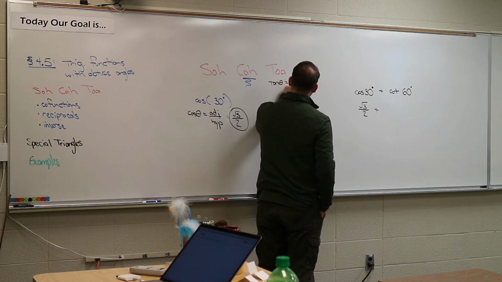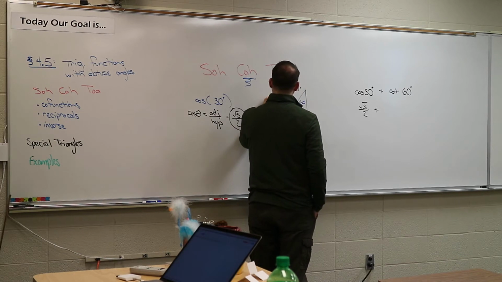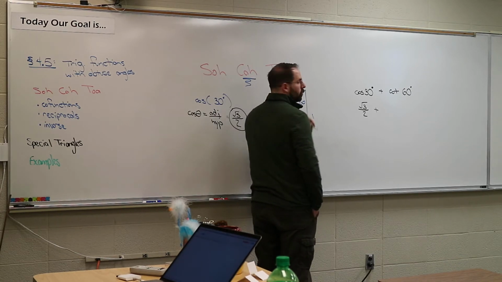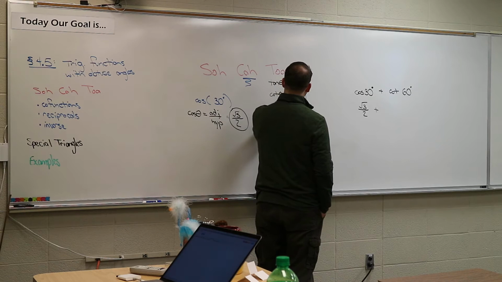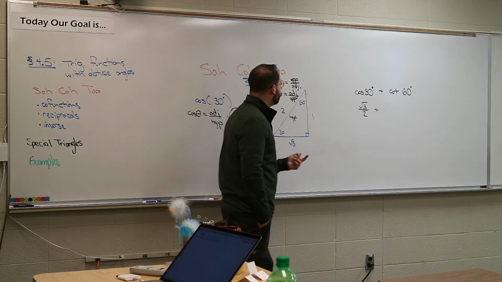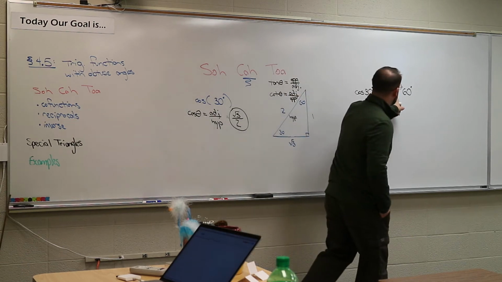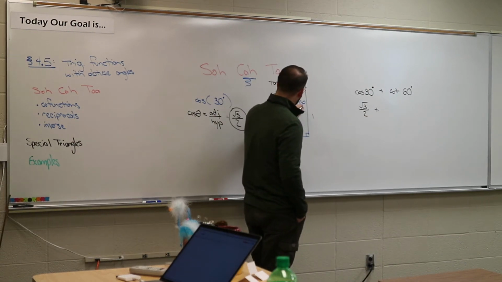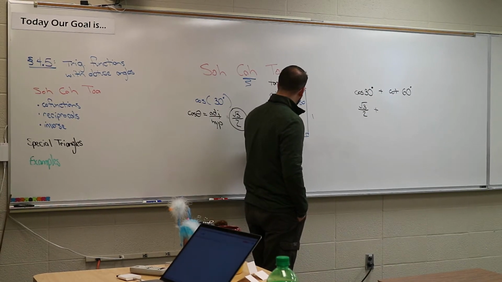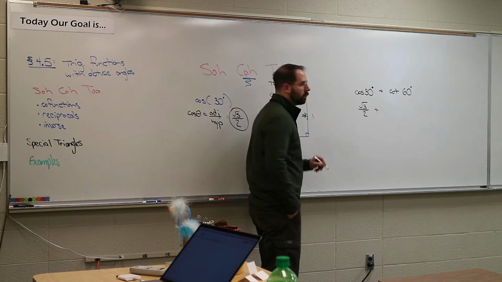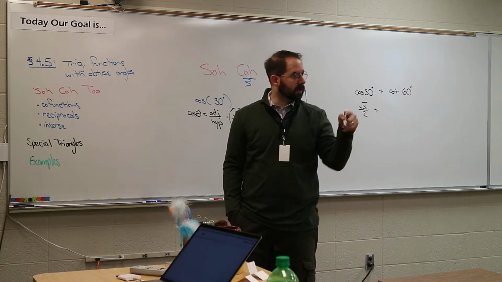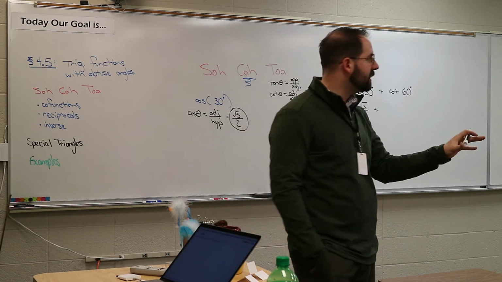Since I'm doing cotangent, I flip those over. That's what a reciprocal means. So it's adjacent divided by opposite. For 60 degrees, this is the opposite wall and this is the adjacent wall. Does that make sense? Where the opposite and the adjacent are compared to 60?